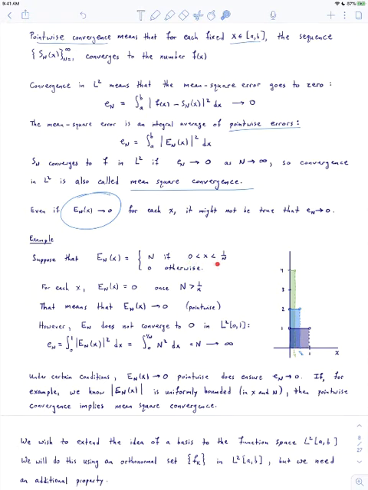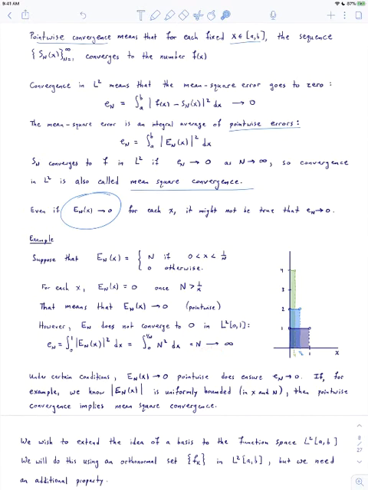It's non-zero between 0 and 1 over n, but it's 0 otherwise. Now e_n at x is equal to n there, so it's n squared. If you compute this integral, this is a constant, so it's n squared x, where x goes from 0 to 1 over n. That's just n squared over n, which is n. And that goes to infinity.